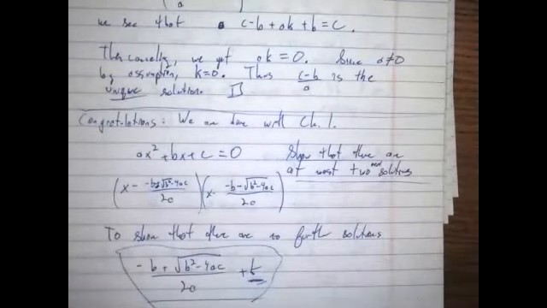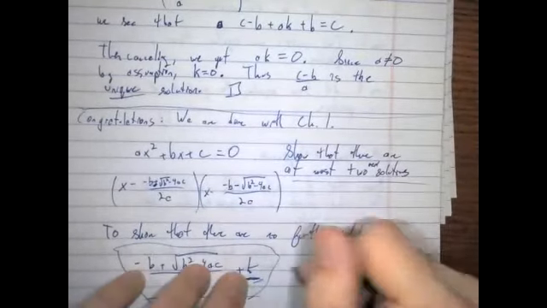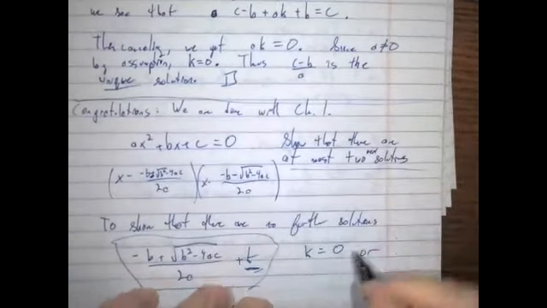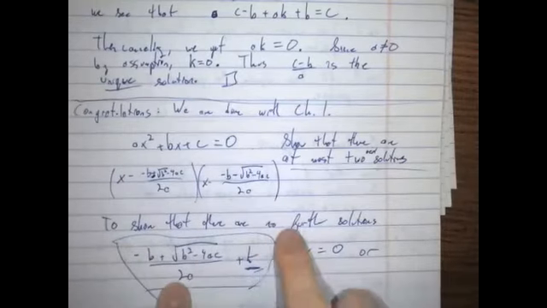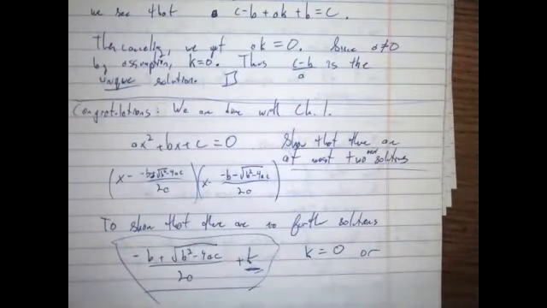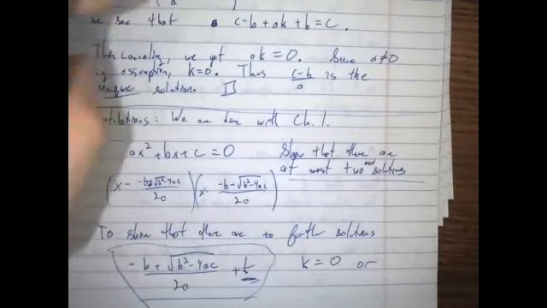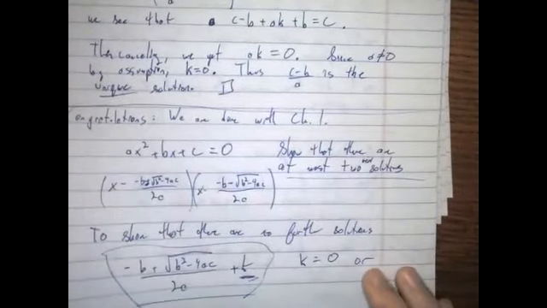There can't be any third solution. So here, k will have to be equal to either 0 or whatever k needs to be, such that this plus k is equal to this. Kind of sketchy, but I'm just trying to illustrate how this idea is used to prove uniqueness.